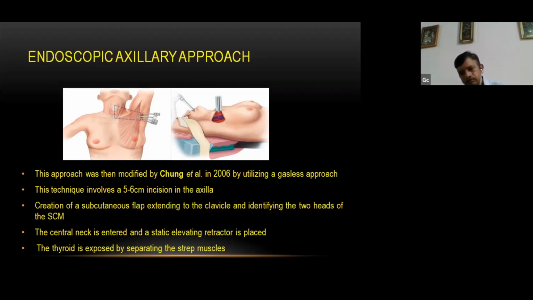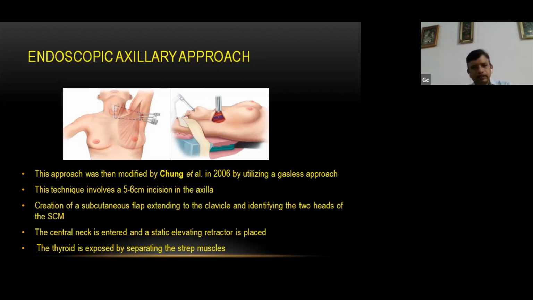Because before that, although most of the surgeons did the same procedure, for lifting the flap they closed this opening, put in the instruments, closed the opening and put in the gas. But he developed a long retractor, that is the Chung retractor.